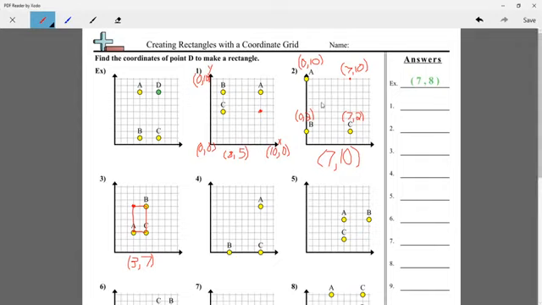So I know for me personally, I'm not great at visualizing where things would be on a coordinate plane. So the best way to do it is to just draw it out and then mark all of them, and then it'll be pretty obvious which one is the right answer.